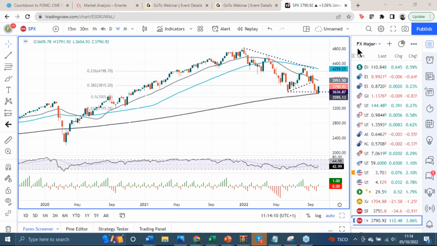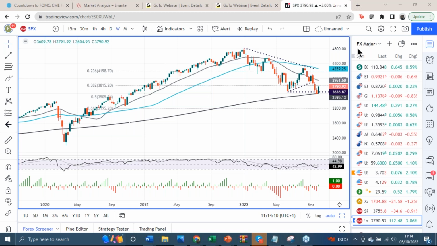Prices hit this black line, the 200-week moving average at 35.95, and also the mid-June low that we've been highlighting, 36.36. We moved down below there before this strong bounce.